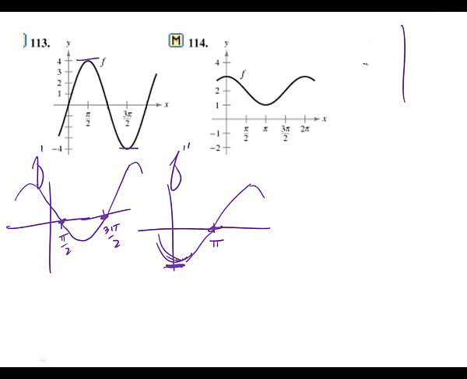All right, looking at this one here. So it looks like my zeros are at 0, pi, and 2 pi, right? So 0, pi, 2 pi. All right, I'm starting by increasing or decreasing? Decreasing, so I know I'm below the axis.